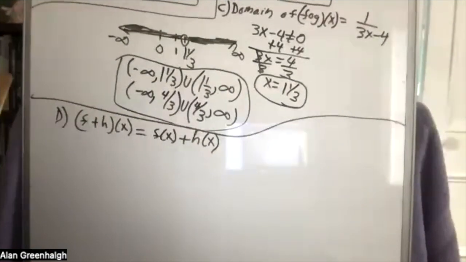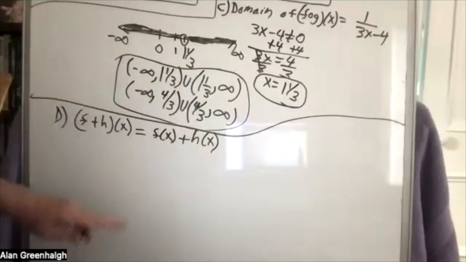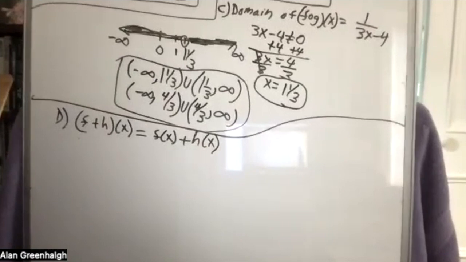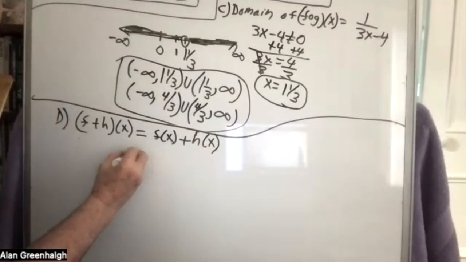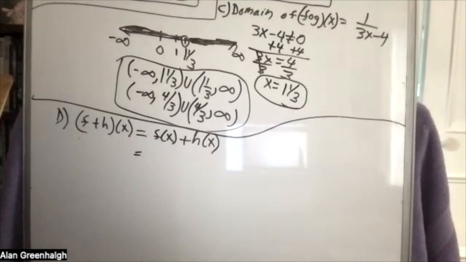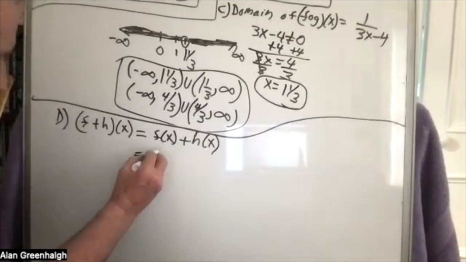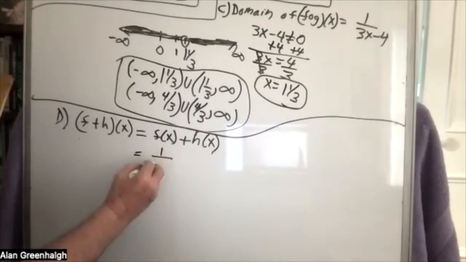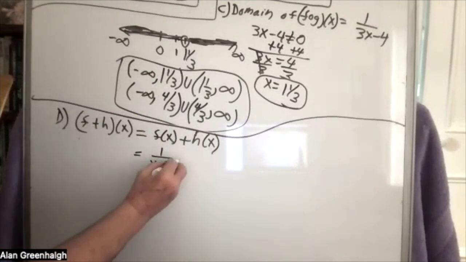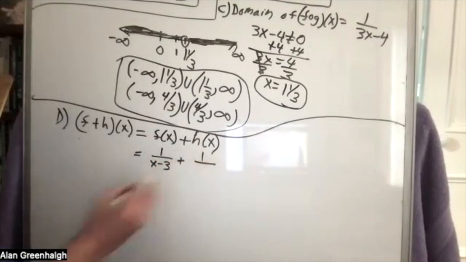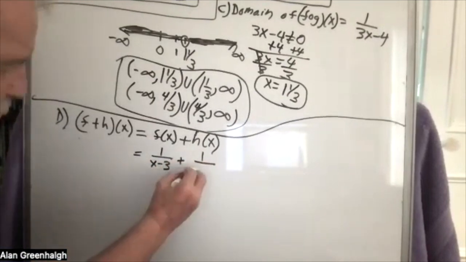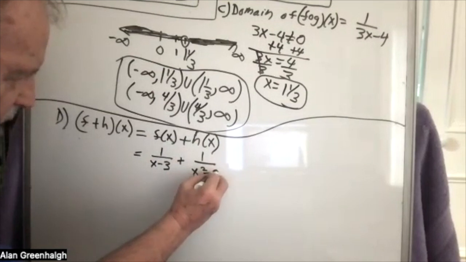We did a lot of properties of the functions. I think it was chapter 5, may have been chapter 4, but I'm not totally sure. But anyway, it's f of x, which is 1 over x minus 3, plus h of x, which is 1 over x squared minus 9.